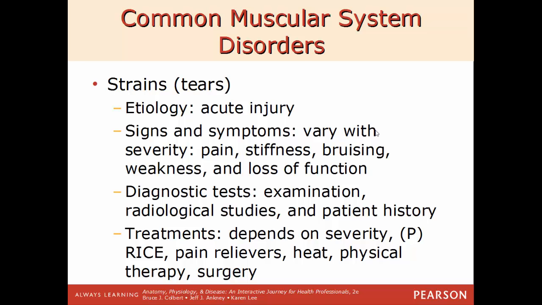Diagnostic tests: exam, radiological studies like X-ray or MRI, and patient history. And treatments will depend on how severe the injury is, but the PRICE format is always good. Protection, rest, ice, compression, elevation, physical therapy, surgery if needed. Those are all common treatments for strains.